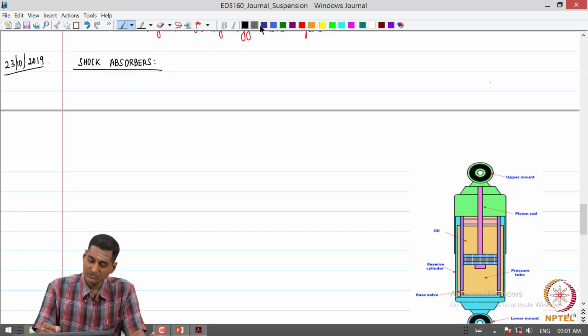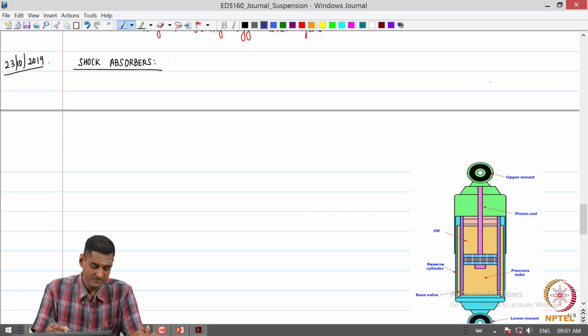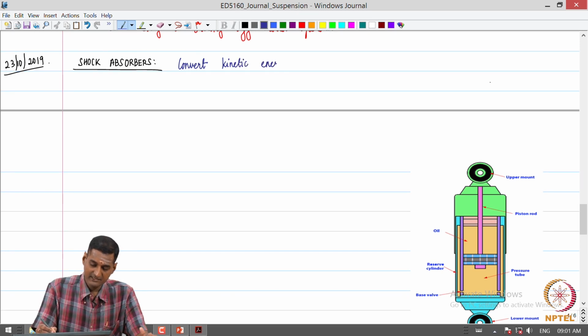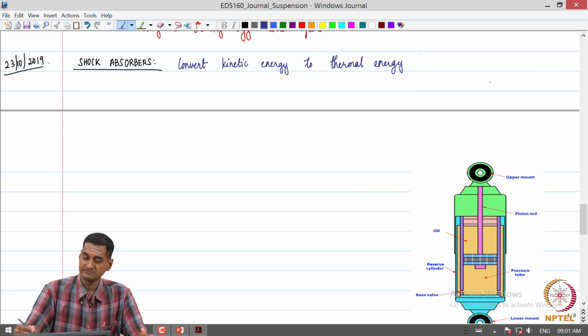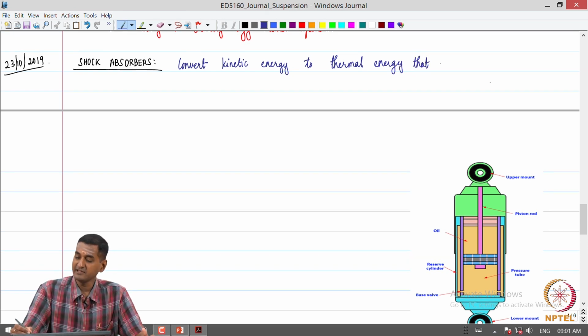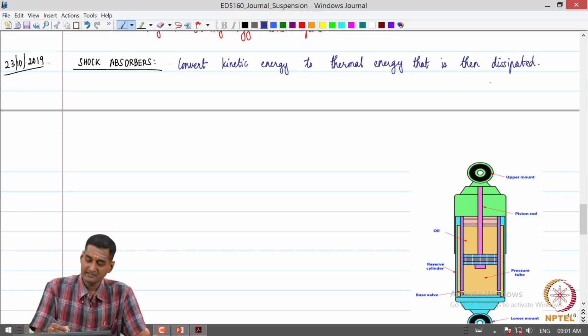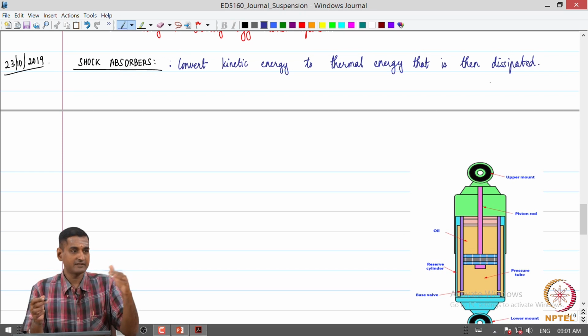So what is the role of a shock absorber in automotive suspension? The shock absorber essentially is used to convert kinetic energy to thermal energy, which is then dissipated. That is the primary role of a shock absorber, and this way it will serve to dampen the vibrations that come about when the wheel vibrates due to road perturbations.